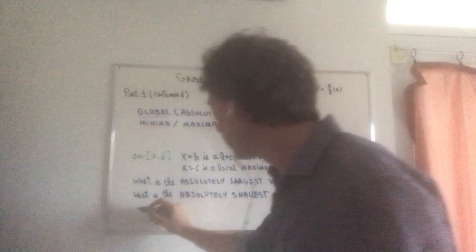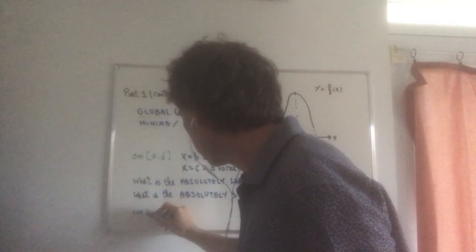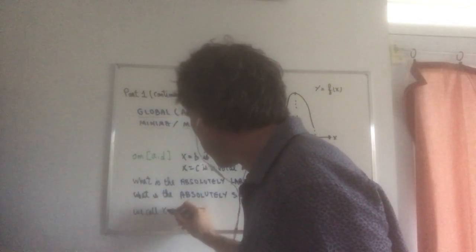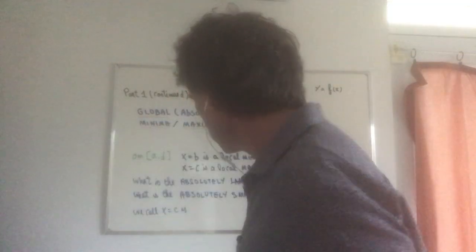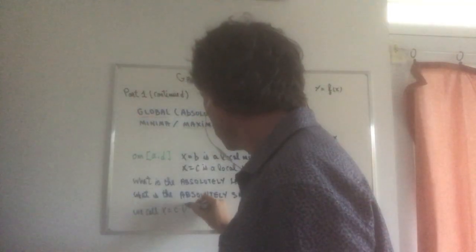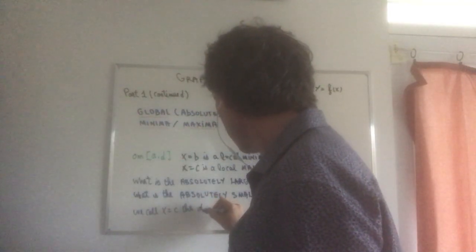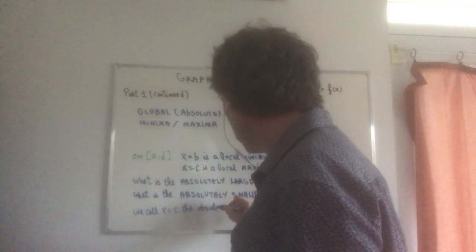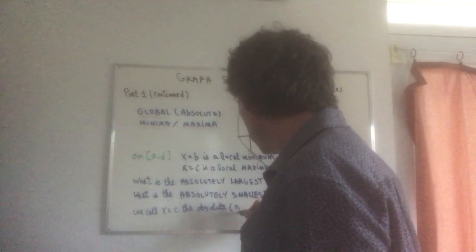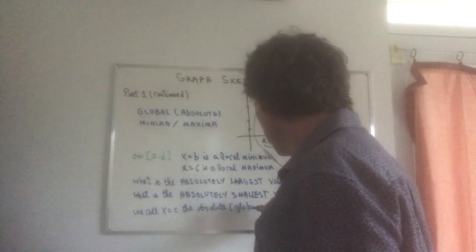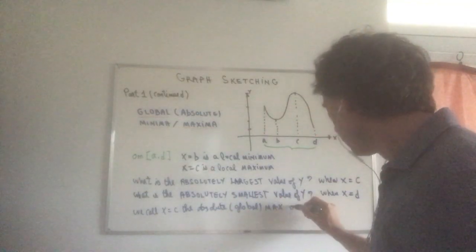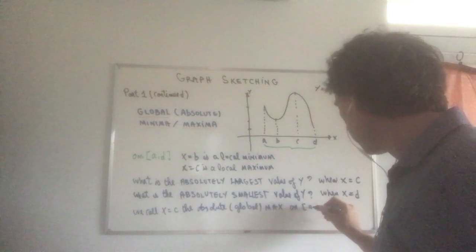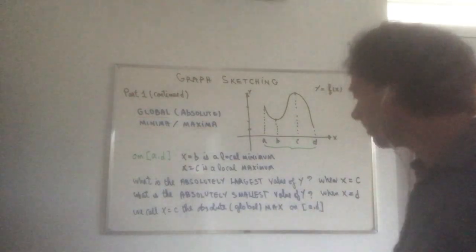So we call x equals C the absolute, or global, same thing, maximum on AD.